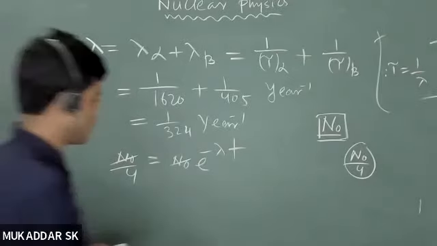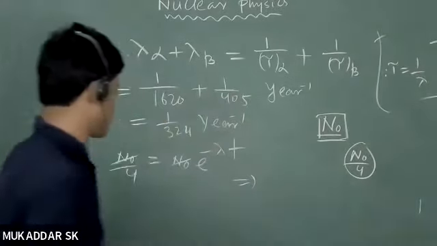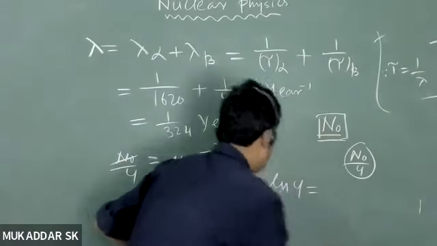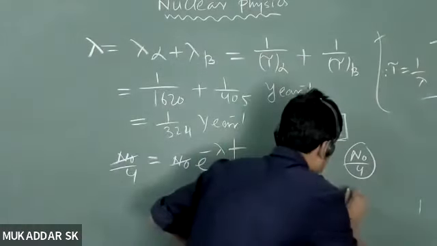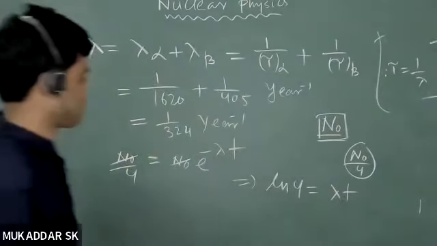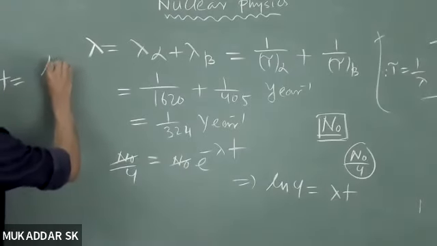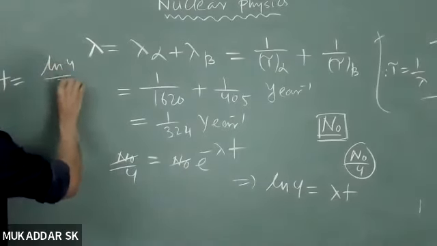Now if you take natural log, you will have ln 4 equals lambda into t. It means the time required to decay 3/4 of the sample will be 1 by lambda into ln 4, or ln 4 by lambda.